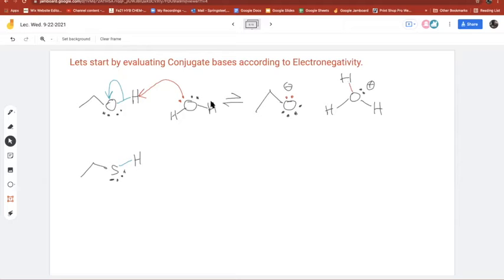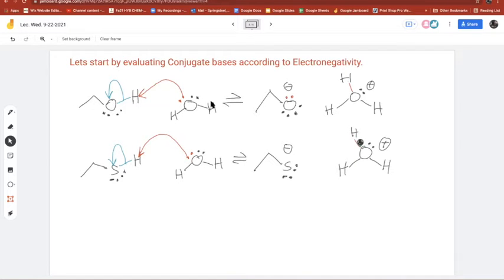So I'm going to compare this reaction to the same one, but with ethane thiol. Oh, I need a blue pair of electrons on there.